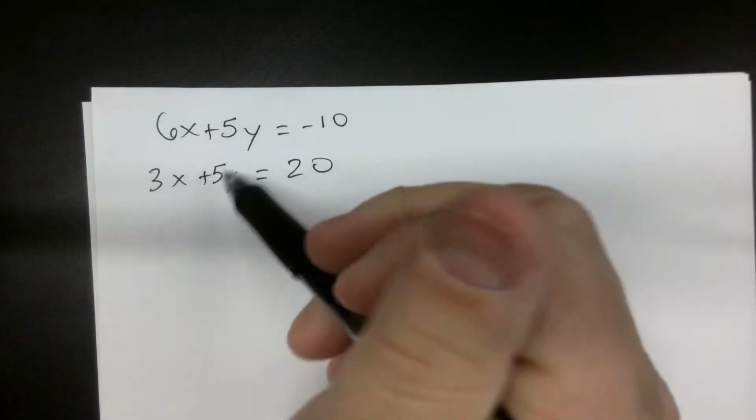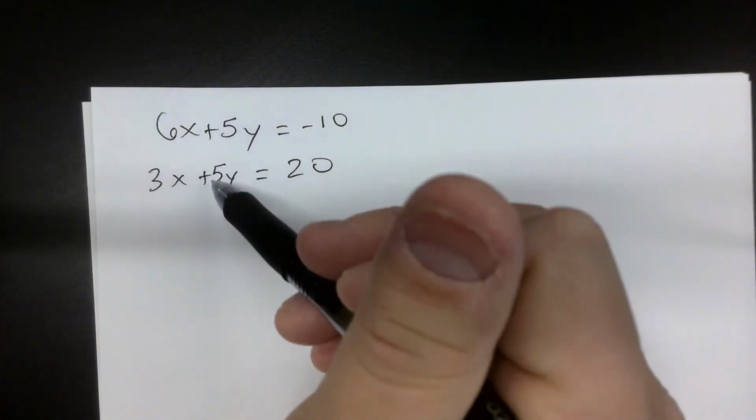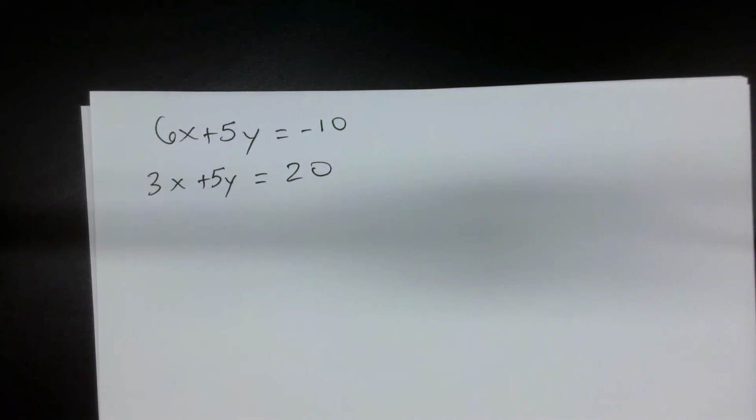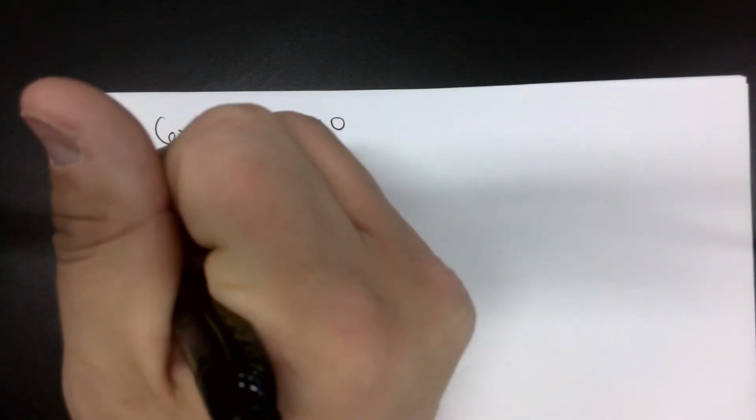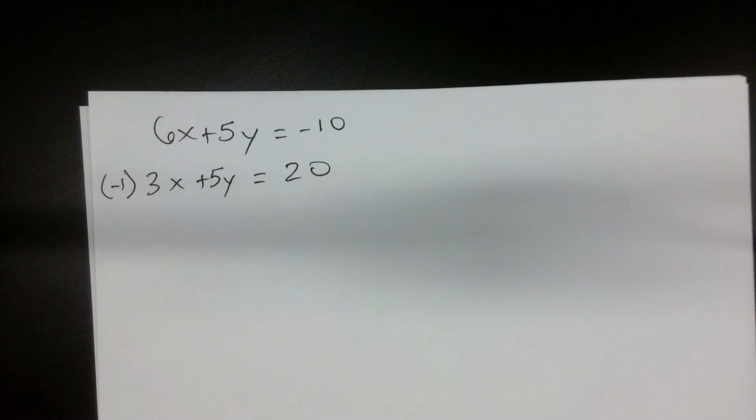Now, in order for them to be opposites, one of these has to be a negative. So what we're going to do is called a manipulation. We're just going to multiply one of the equations by negative 1. I'm going to multiply that entire bottom equation by negative 1.